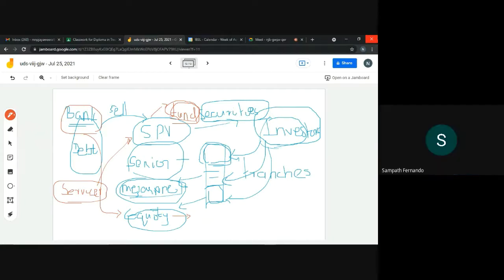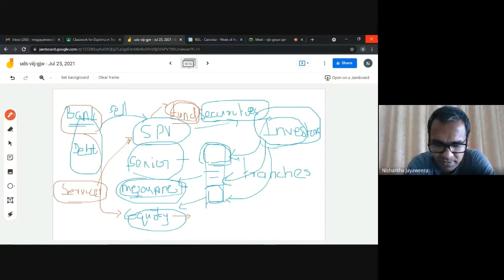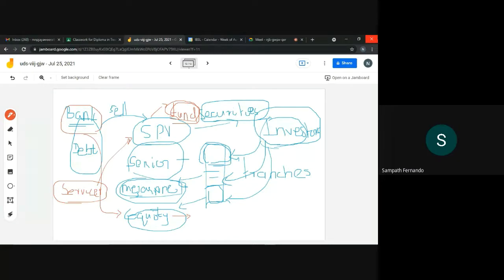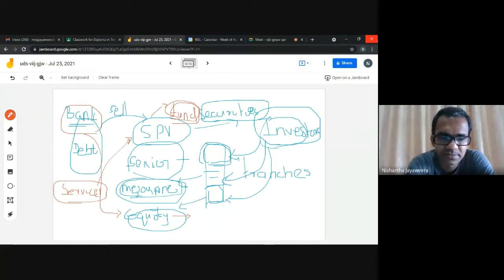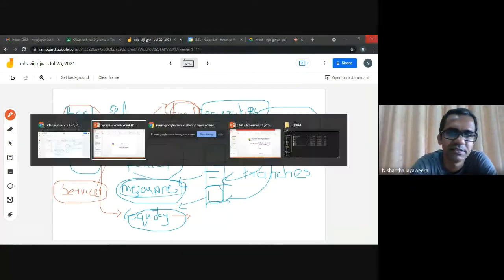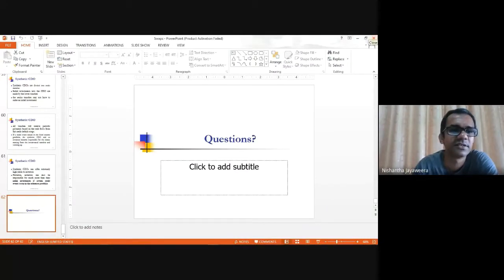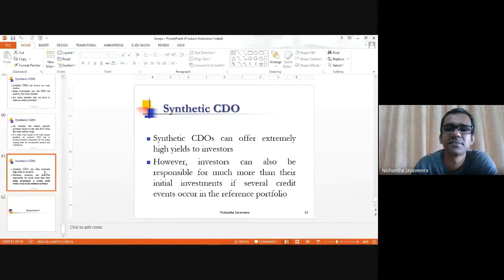So the return for such an investment should be very high. Yes, that's what it says in synthetic CDOs, return is high. Extremely high, not just high.